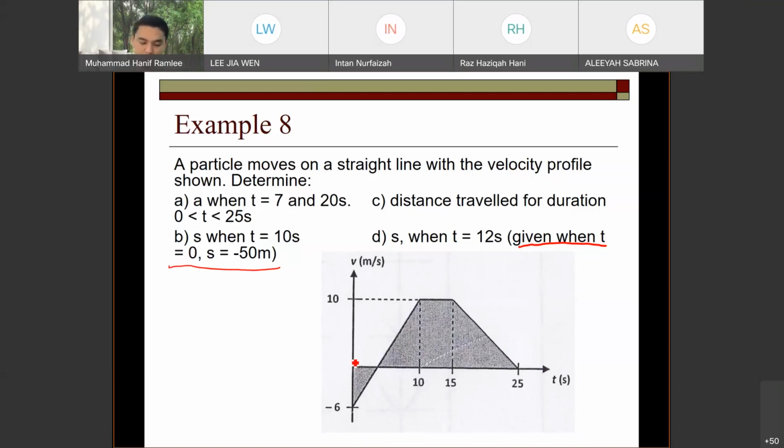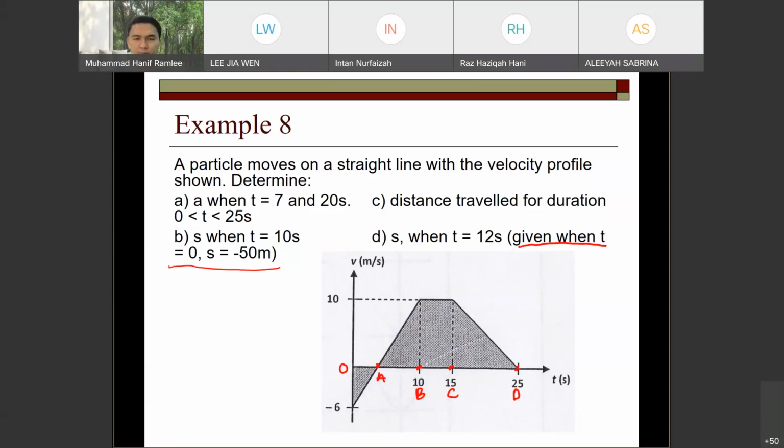You put the label at each point: the first point here, the second point here, the third point, fourth point, and fifth point. So we can assume there are 5 points for this particle, starting from O until D.